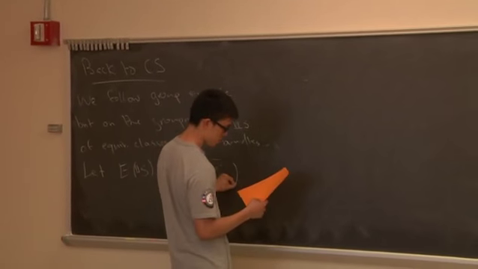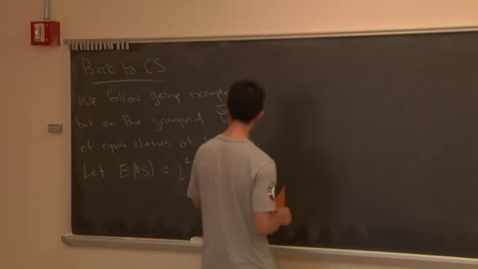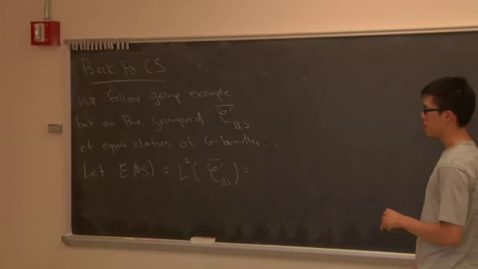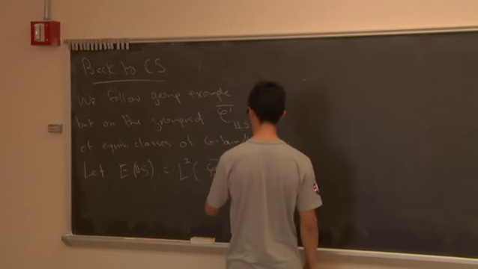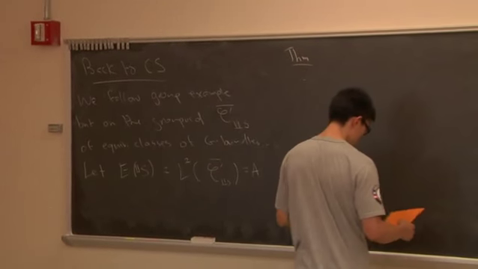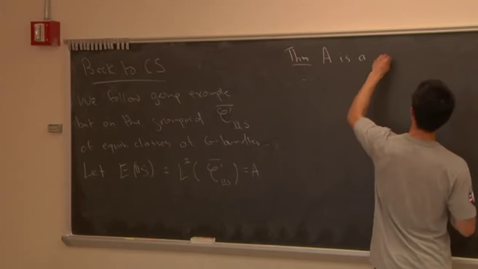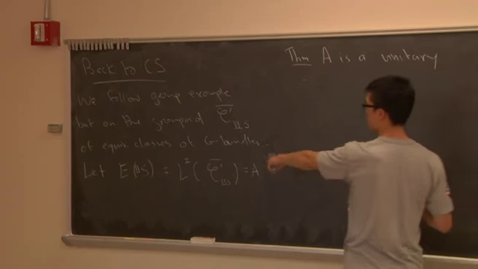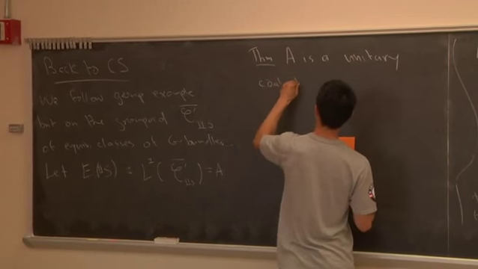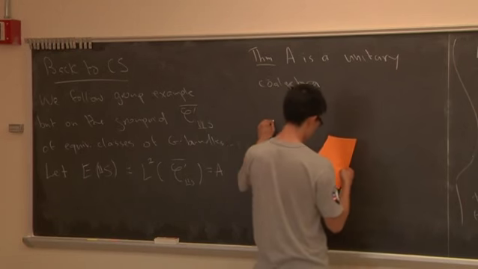So, E is supposed to, recall that construction we had for closed two manifolds, but just to abbreviate it, I'm going to call it suggestively A, and then write down the theorem, which is proved in this paper, that A is a unitary, so you know it's got an inner product on it, coalgebra. So why is this true?